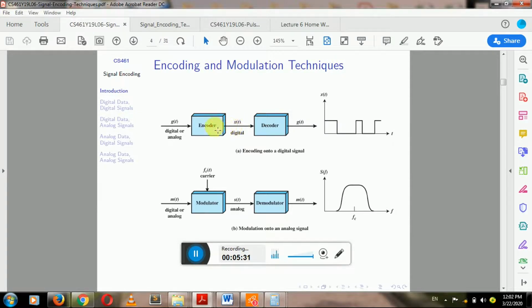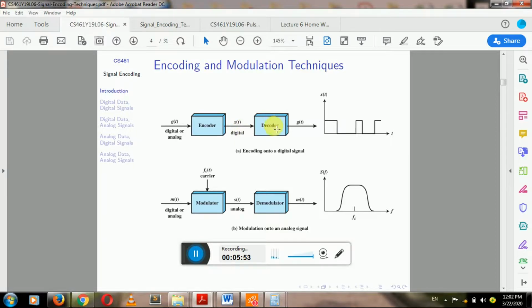We start from some data, digital or analog, then we encode that data into a digital signal, which is a sequence of pulses. We send that digital signal across our communication system.